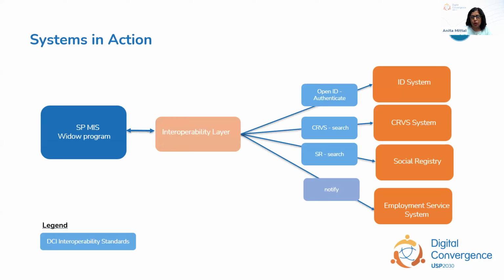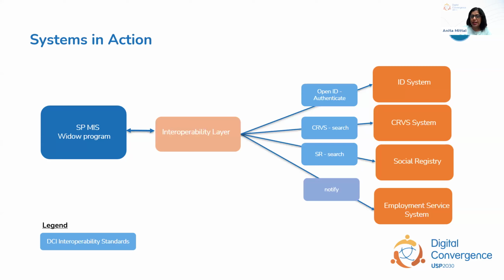So what we saw in this demonstration is that there was this SPMIS program, which was talking to the ID system, to the CRVS system, the social registry, as well as the employment service system. And each of these interactions had their own business process flow, data objects exchanged, and API calls and responses.